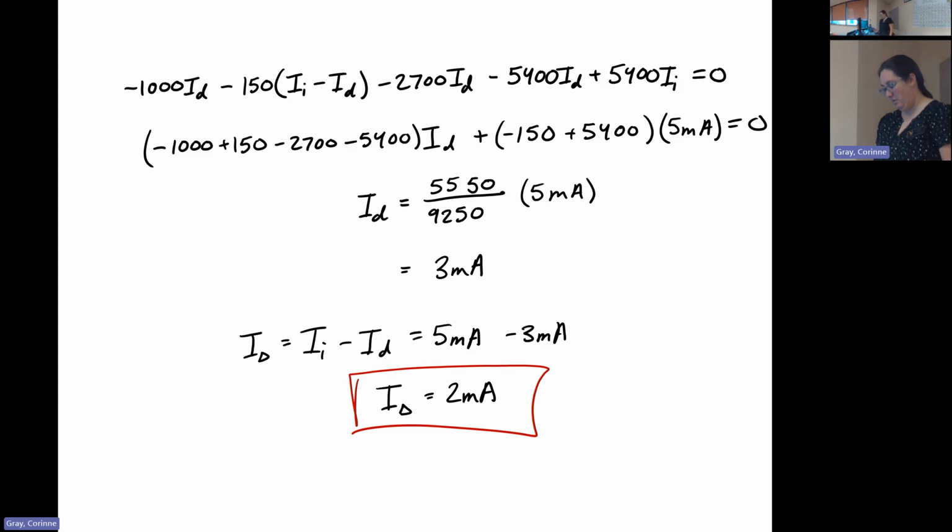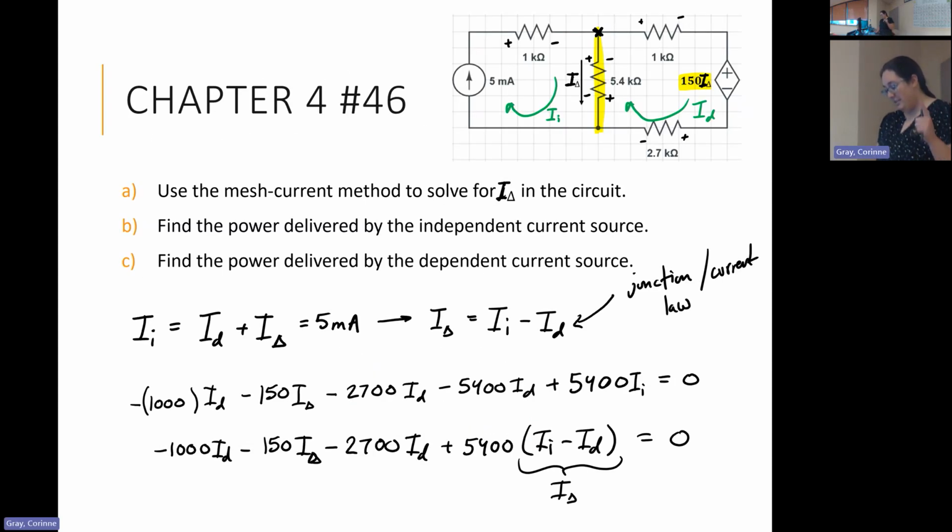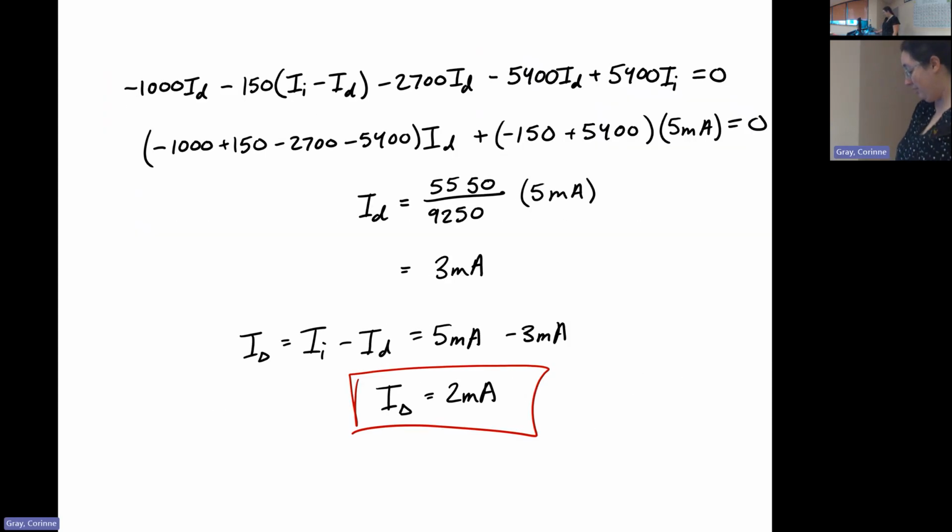Let's do B first because it's easier of the two, it's the independent current source. We have a couple different equations for power.